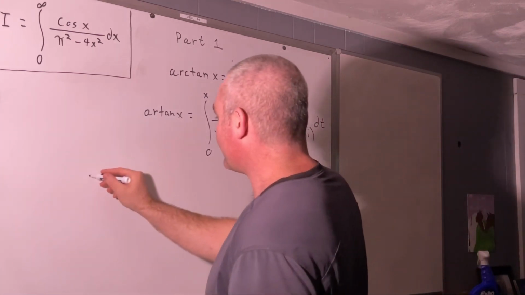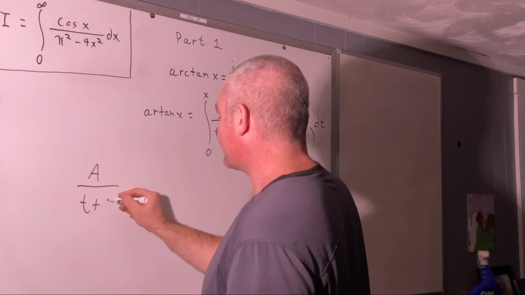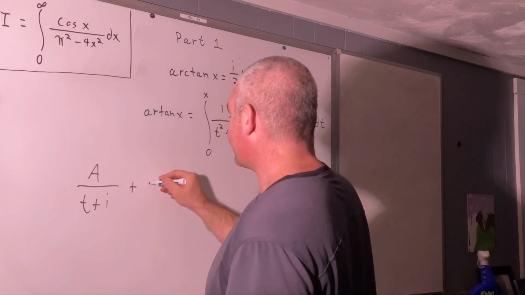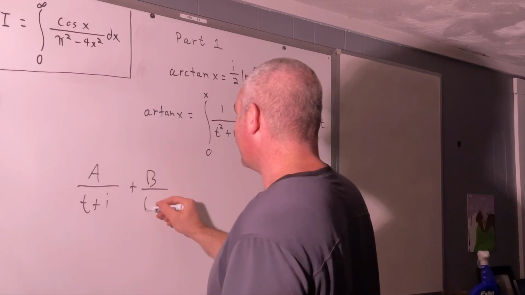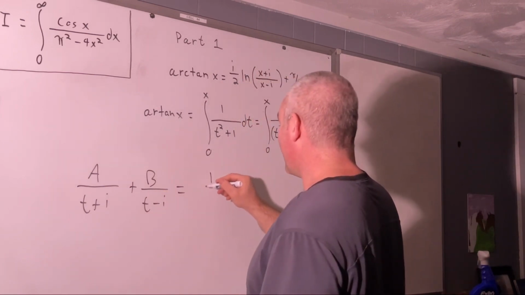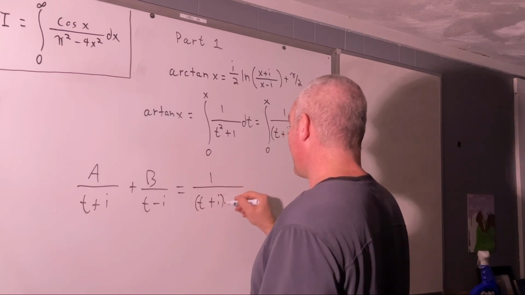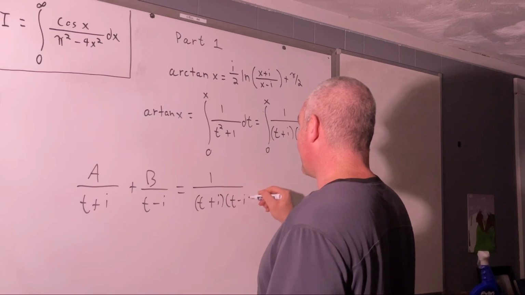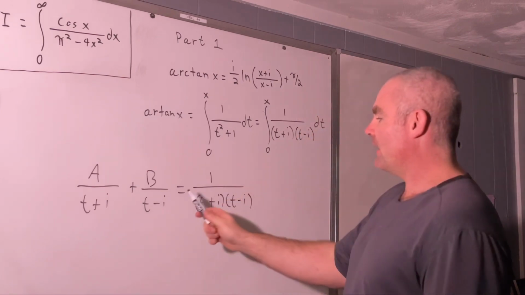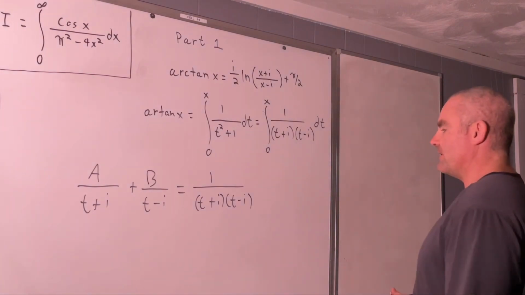So doing that, we would have a over (t plus i) plus b over (t minus i) equals 1 over (t plus i)(t minus i). And then cross multiplying on this, you know how it goes. You know how partial fraction decomposition works.